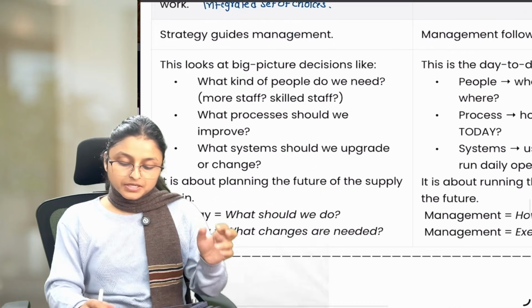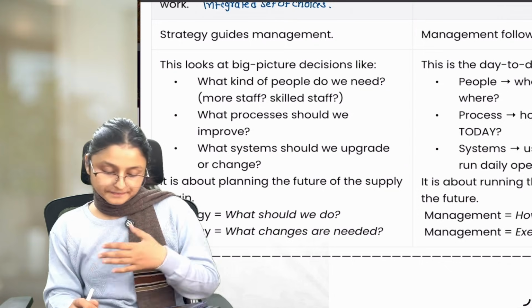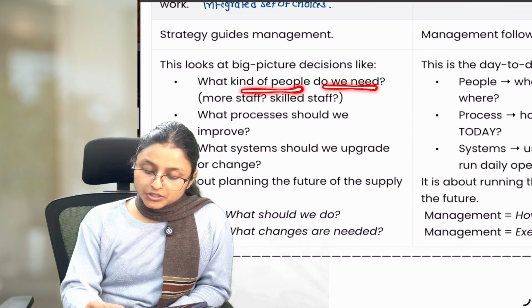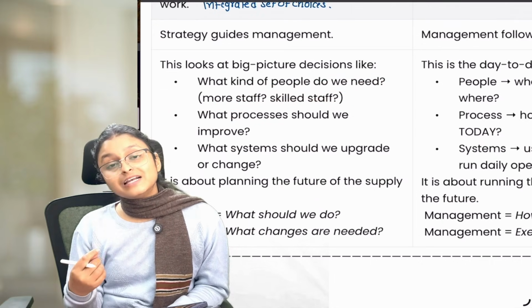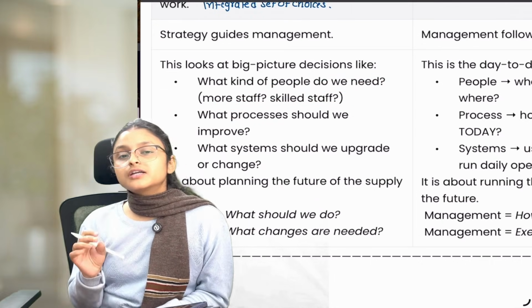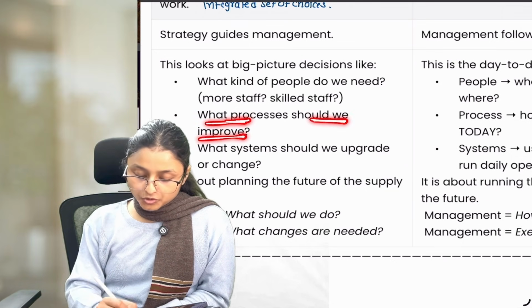Here we look at people, process and system on the basis of deciding what they should be. Like, what kind of people do we need? Do we need more staff? Do we need more skilled staff, or unskilled worker will also suffice our requirement? What processes should we improve?